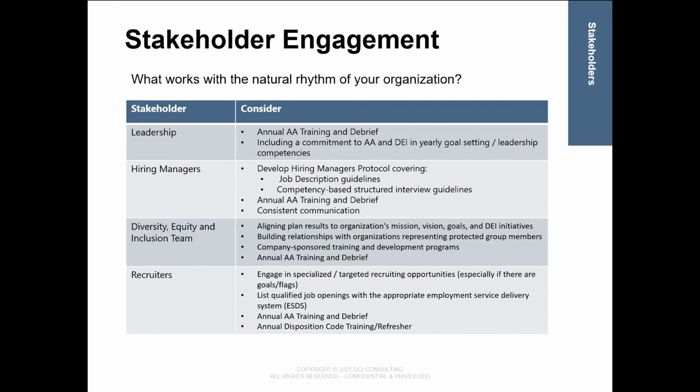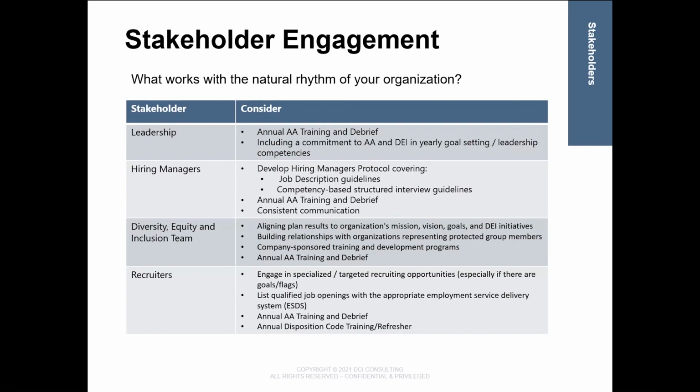The last stakeholder group on this list is recruiters. We would suggest that recruiters engage in specialized or targeted recruiting opportunities and pay special attention to recruiting events that align with job groups that have goals. Recruiters can also work with HR and compliance to list qualified job openings with the appropriate employment service delivery system.